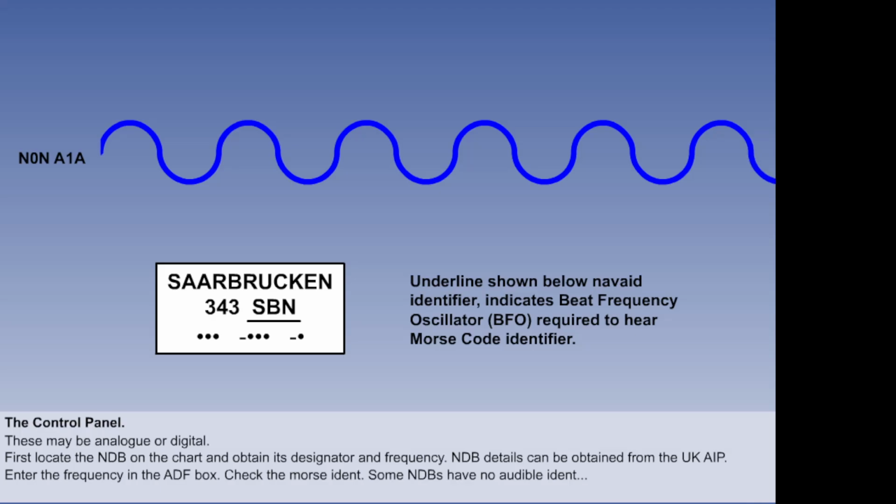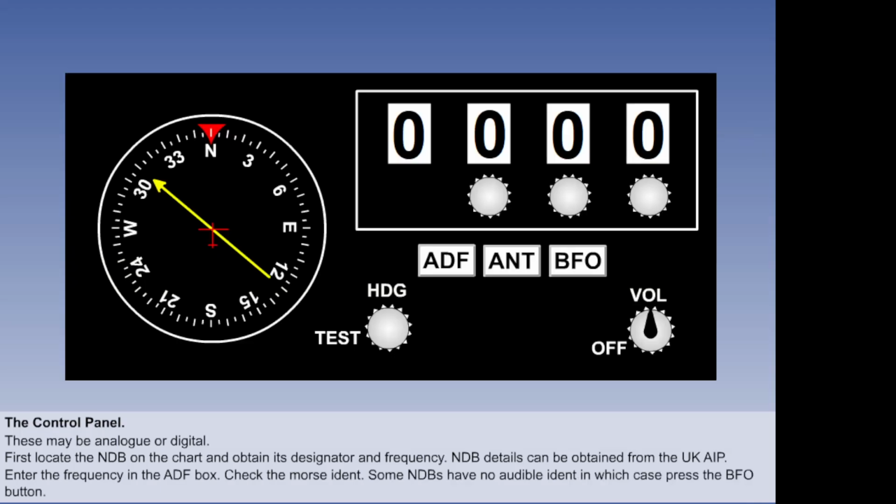On Jeppesen maps, the 3-letter identifier of such stations is underlined. By selecting the Beat Frequency Oscillator button, BFO, an oscillator within the ADF is activated, which creates an audible output from a non-modulated N0N and A1A signal. The bearing reading must be ignored, as the loop antenna has been isolated.